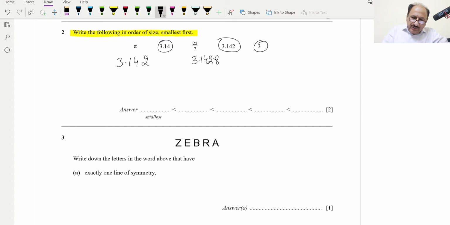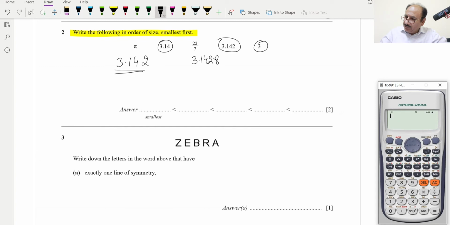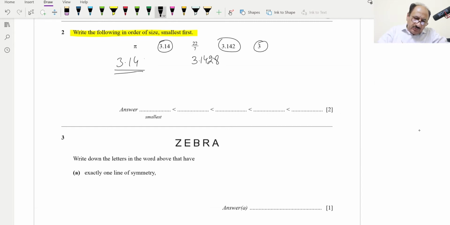And now we can check pi, which we have written earlier, in decimal format: 3.1415. So basically 3 is the smallest number. We will write smallest first, and then there will be 3.14.